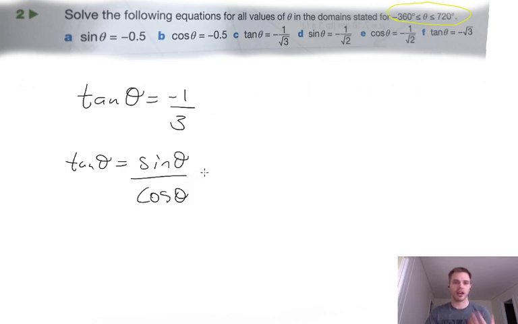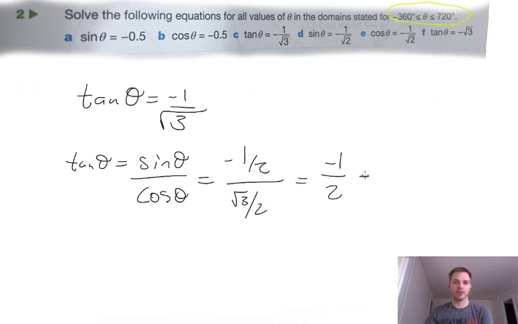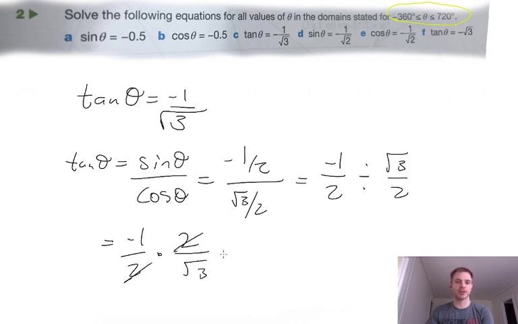And just from having thought through this problem a few times, I know that this is going to be -1/2 divided by √3 over 2. When you divide by a fraction, you multiply it by its reciprocal. So this is -1/2 times the reciprocal of √3 over 2, which is 2 over √3. Then you get this cancellation here, and this equals -1/√3.